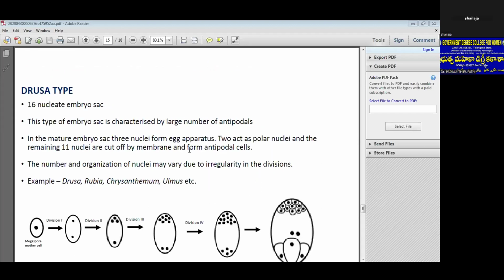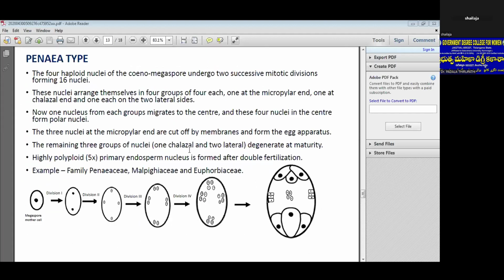And next we are coming to the penaea type. See here. So what is the penaea? In this type, the 4 haploid nuclei of coenomegaspore undergo 2 successive mitotic divisions, forming 16 nuclei.